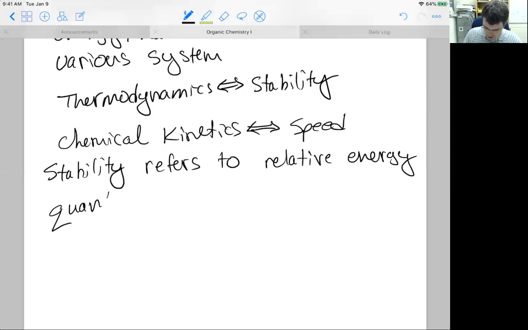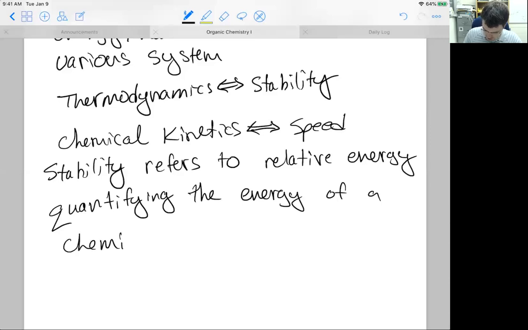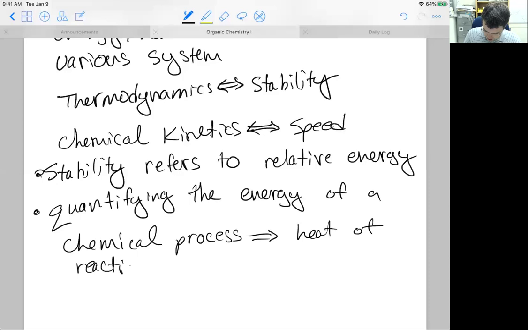using the term heat of reaction. So, quantifying the energy of a chemical process, we're going to use a term called the heat of reaction.